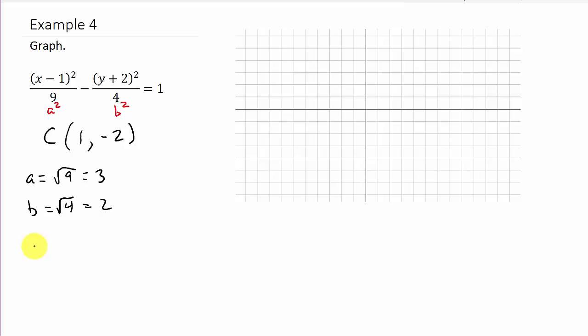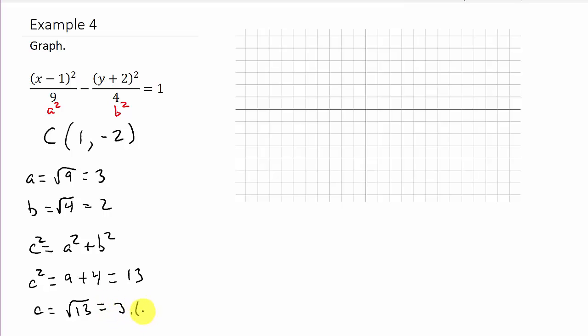And then we can go ahead and get c. So c squared is equal to a squared plus b squared. Okay. So c squared is equal to, well, a squared is 9, b squared is 4, and so that's 13. So c is the square root of 13, which is about 3.6, and some more decimals, we'll round it to 1.